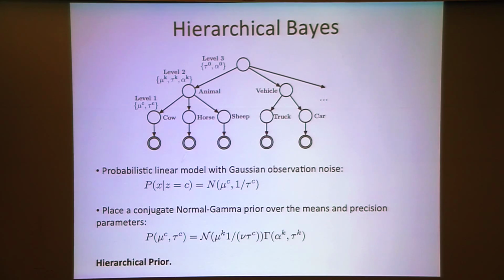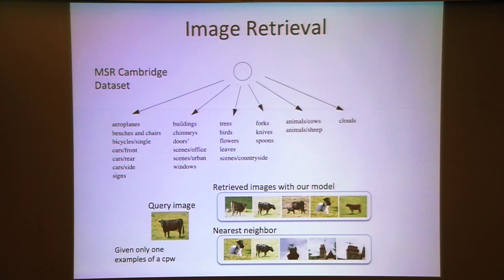You can define conjugate normal-gamma priors over the means and precisions, and put a hierarchical prior on how different objects relate to each other. As before, the interesting thing is that you can infer what that hierarchical organization is based on the data. This is on the MSR dataset.